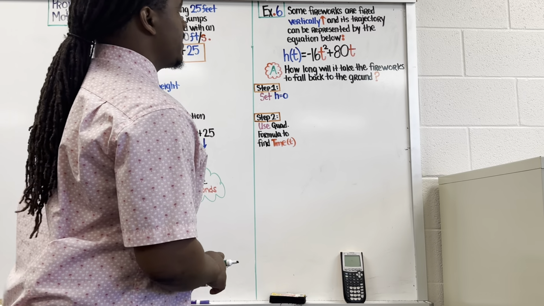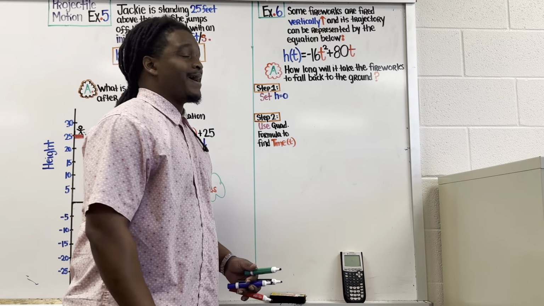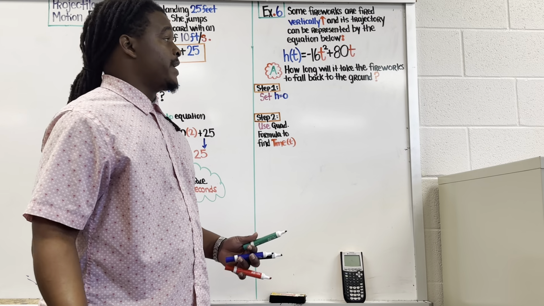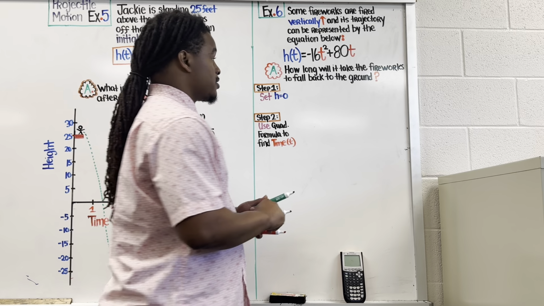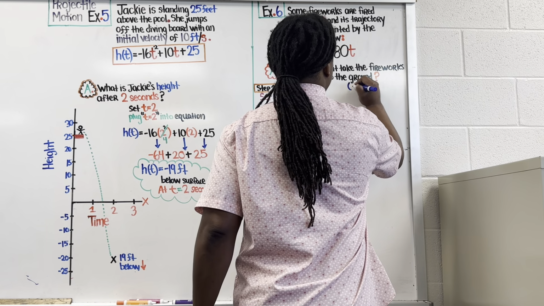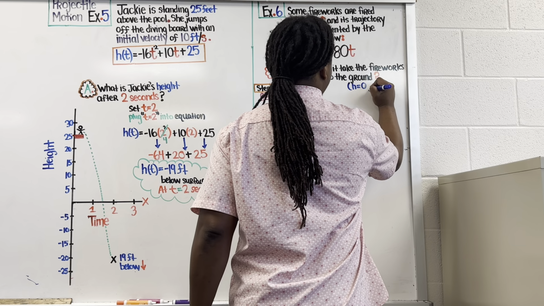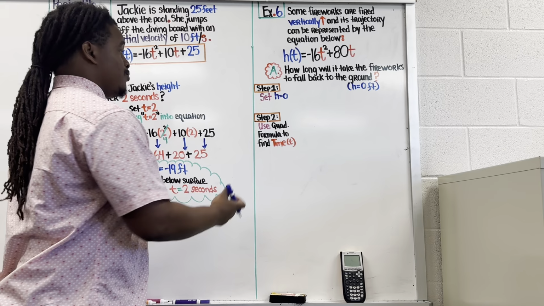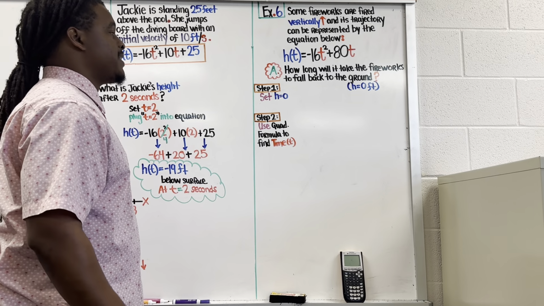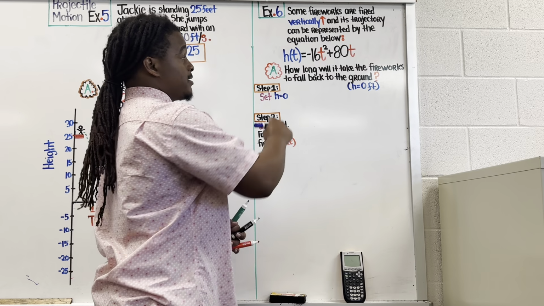And then the question is, guys, how long will it take for the fireworks to fall back to the ground? And we know, guys, that the ground is 0 feet. So ground level is h equals 0. That's ground level. So we already did set 1, guys. We set h as 0, and we're going to set it as 0 in this equation.